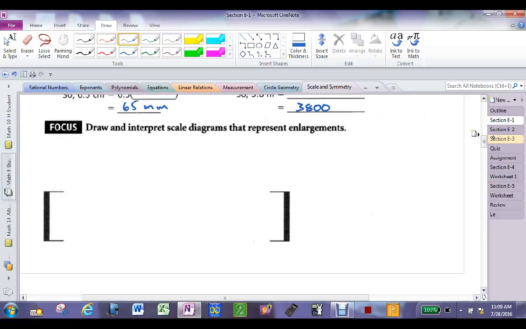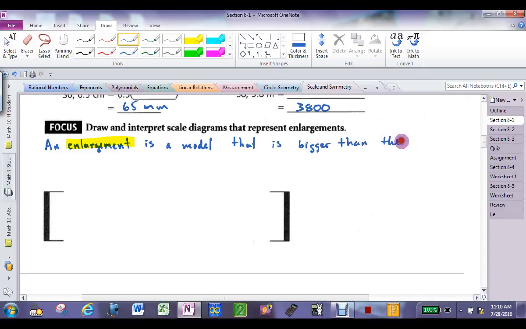Okay, so now we have to make sure we define that. An enlargement, and we are speaking from strictly a math point of view, an enlargement is a model that is bigger than the actual object.